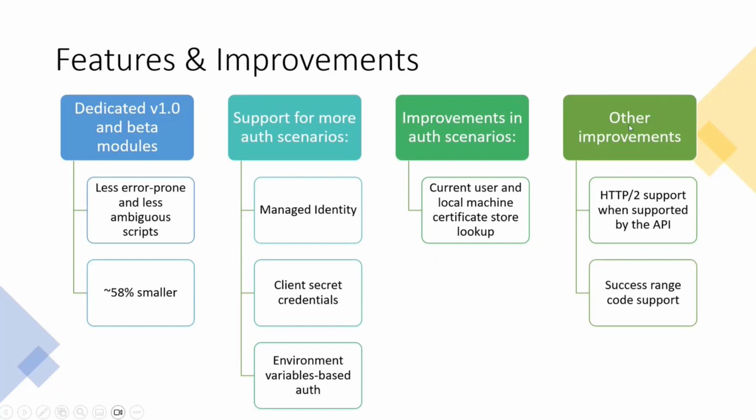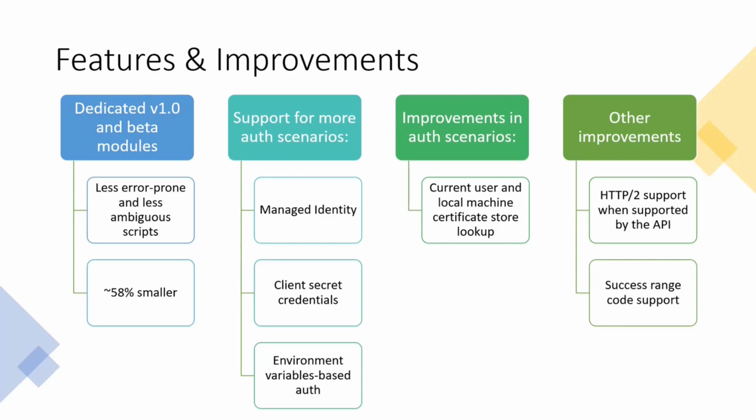And the other changes are HTTP2 support when the API supports HTTP2, and we also added success range code support. So now everything that is 200-something, we are going to be able to get, even though the API says, for example, the response will be a 202, but actually they are also responding with 201 or 200.